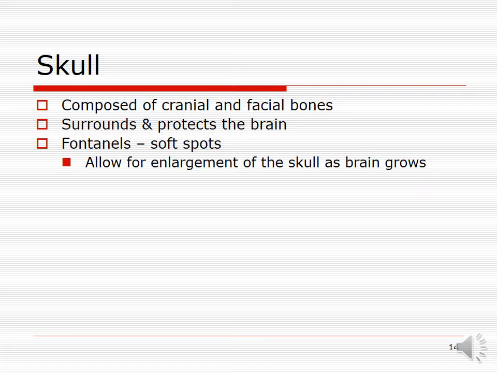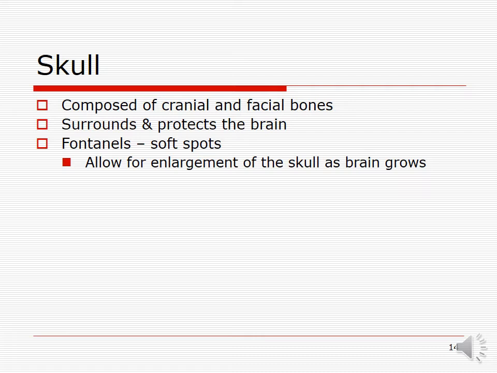I do want to just mention the fontanelles. I don't know how many of you have ever worked with a baby, especially a very young baby, but when they're born, their little heads are very moldable. This is real important as the baby is being delivered through the birth canal, because oftentimes that little head is just too big to get through.